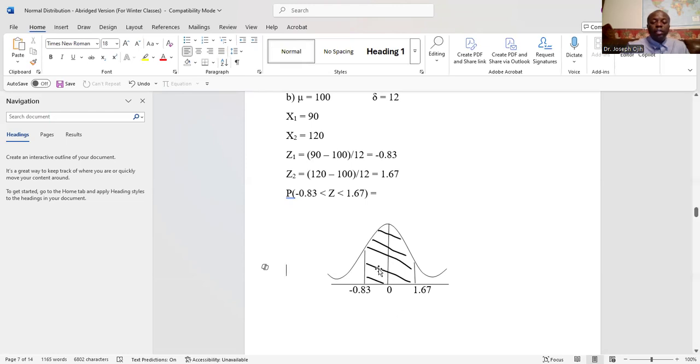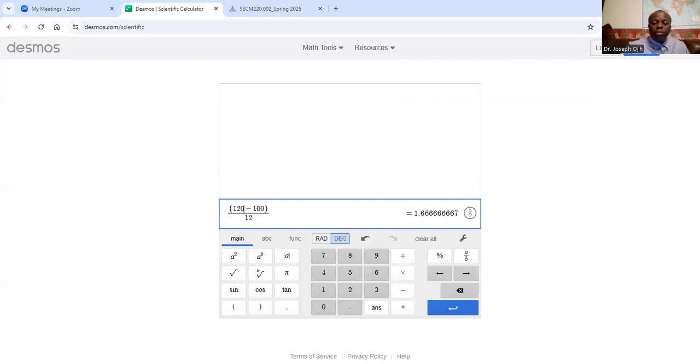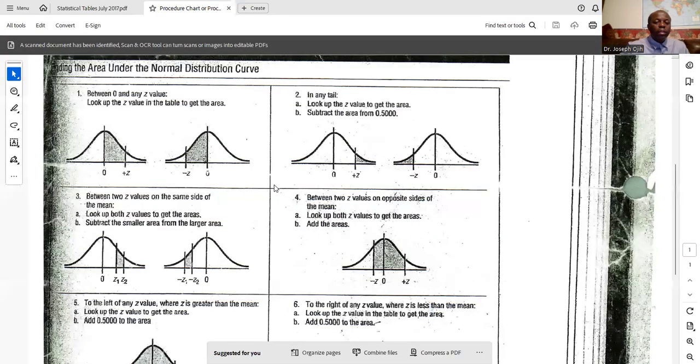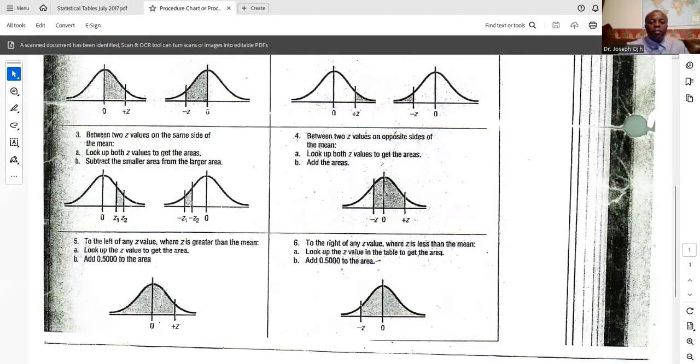Look for the chart that looks exactly like this one. The procedure chart is right here. I'm going to share it now with you. You can see that this is the one that looks like what I have.